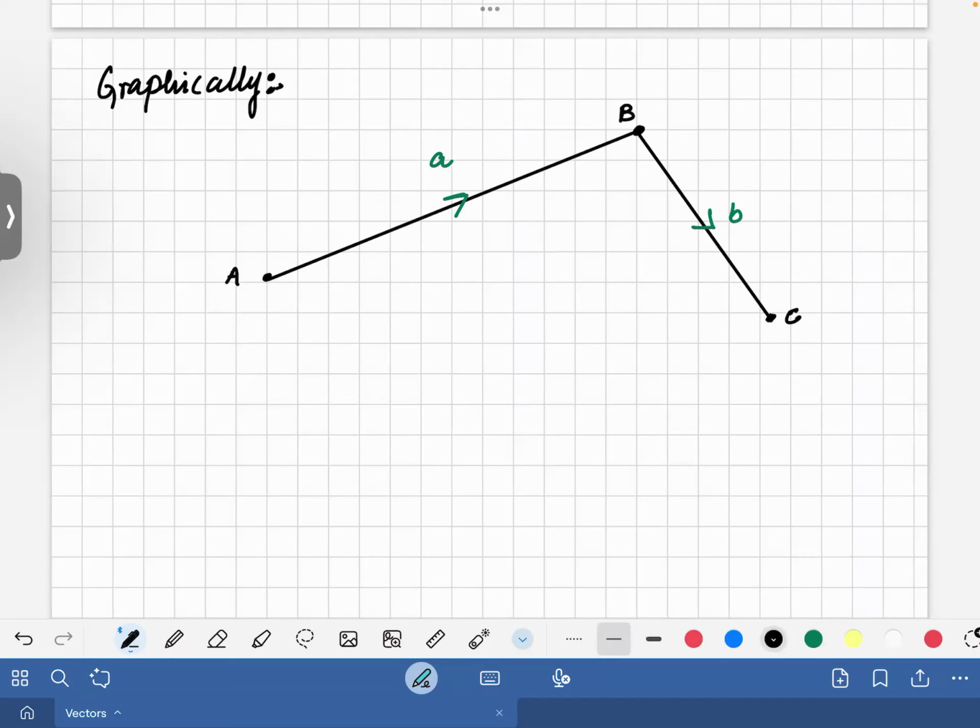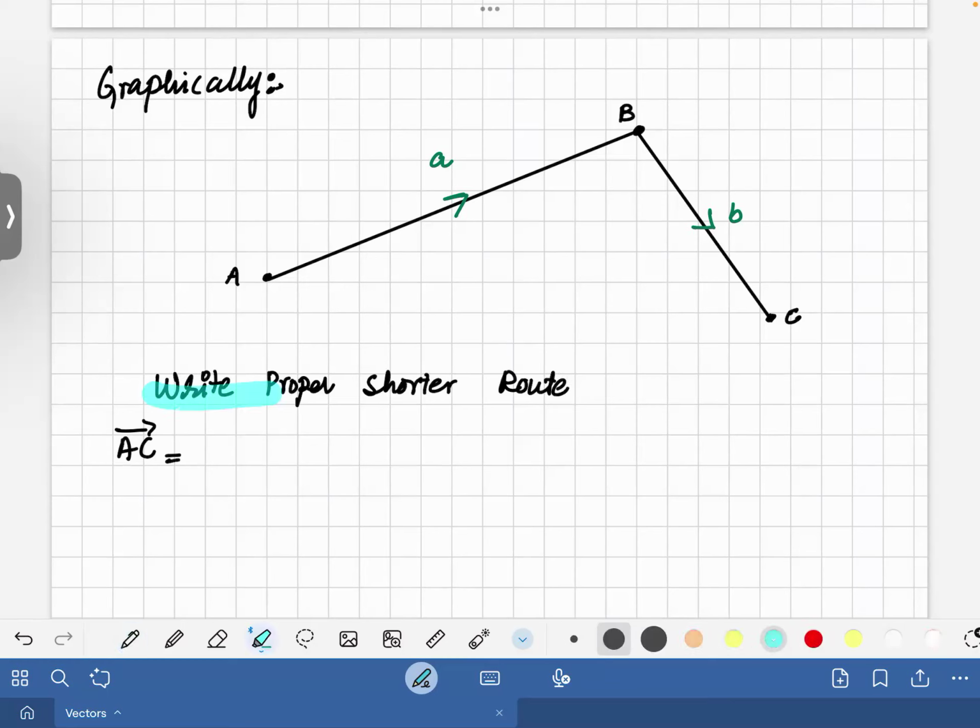So examiner is asking you find AC. Now we do not have any values here. So write proper shorter route.